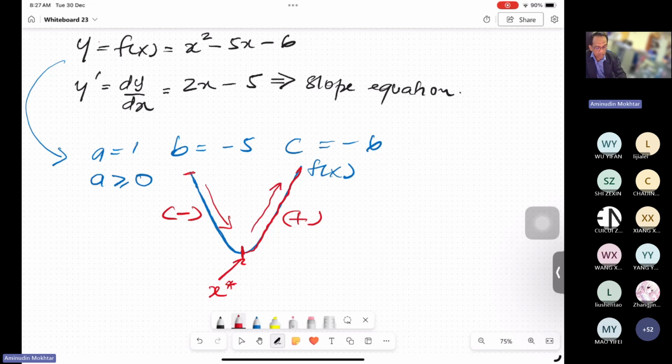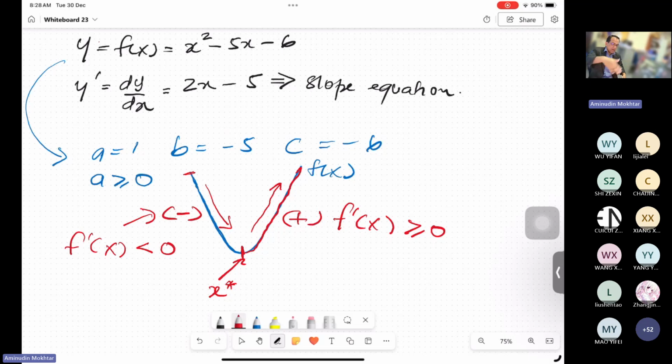In other words, for this part the first derivative is positive, and at this part the first derivative is negative. So this graph has two areas. The first area is decreasing, and the second area is increasing.